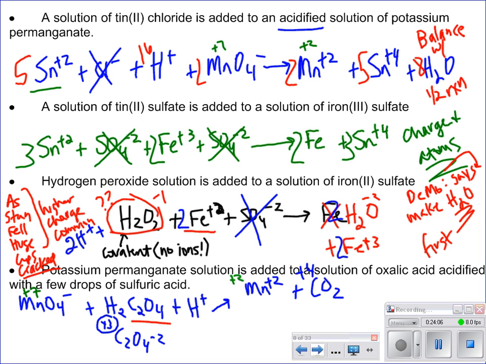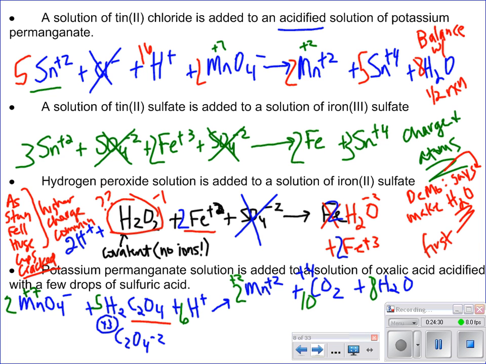Okay? So what do I need to tack on the right to make this thing balanceable? Water. And then you're going to do your half reaction balancing, and then when you're all said and done, you're going to get a 2 there, a 5 there, a 6 there, a 2 there, a 10 there, and an 8 there.